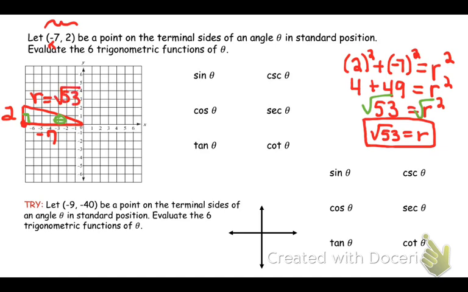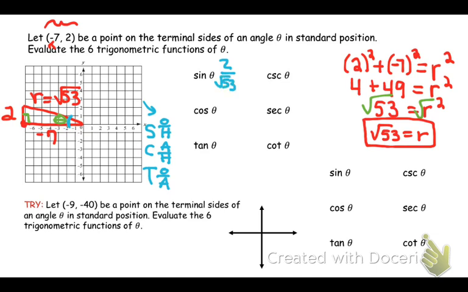Now we can start looking at our sine theta, cosine theta, etc. So we're coming off of angle theta, and it says we're finding sine, so that's opposite, which is 2, over the hypotenuse, which is the square root of 53.